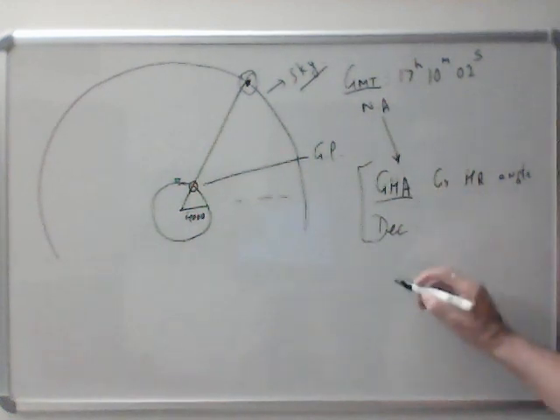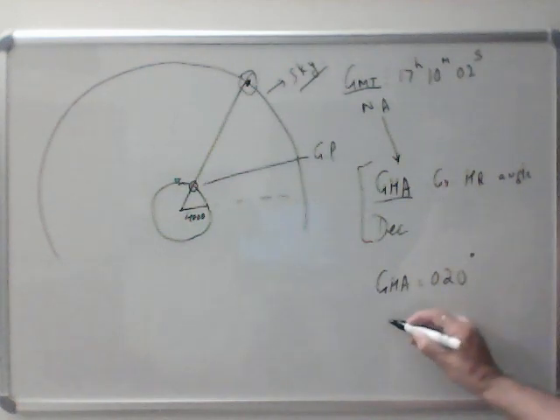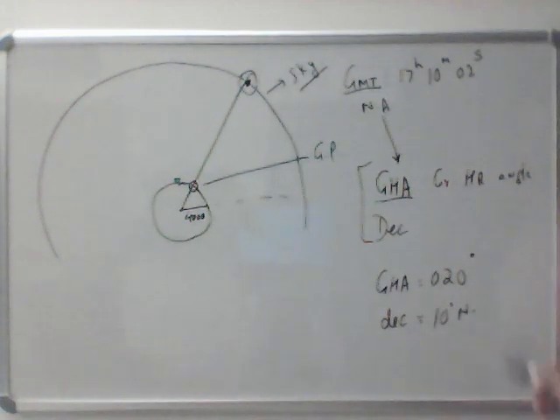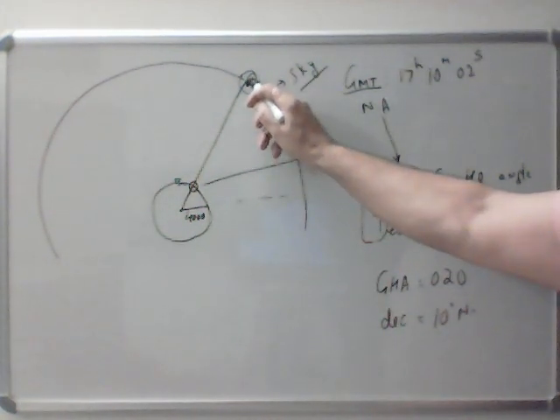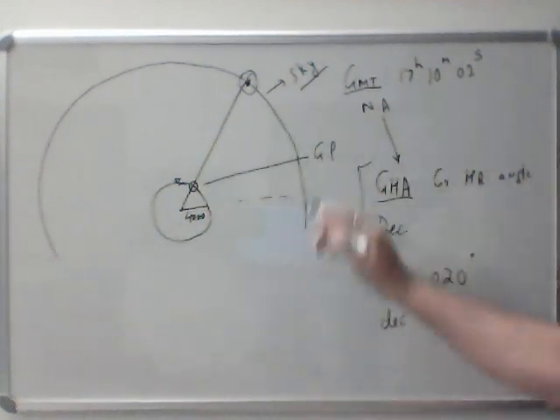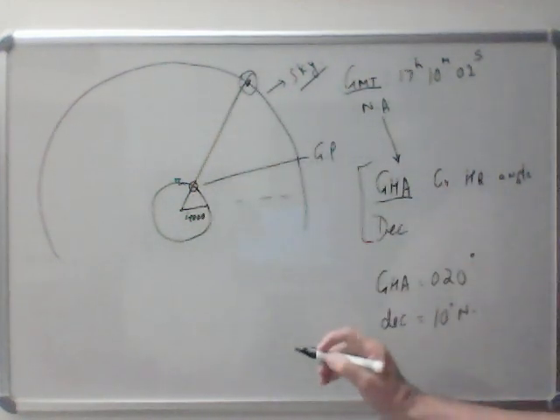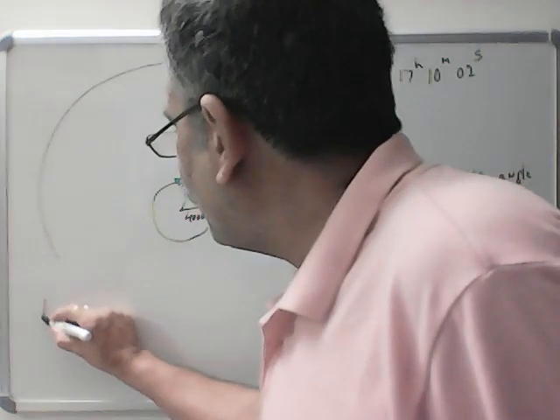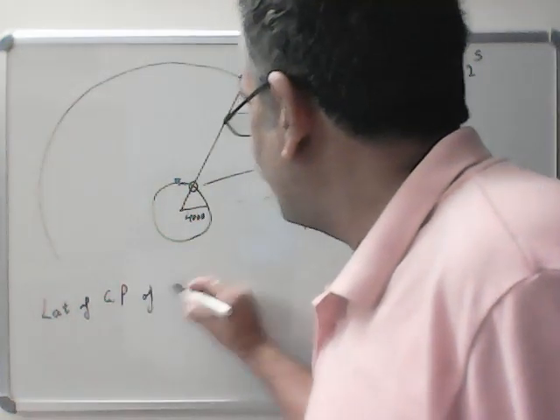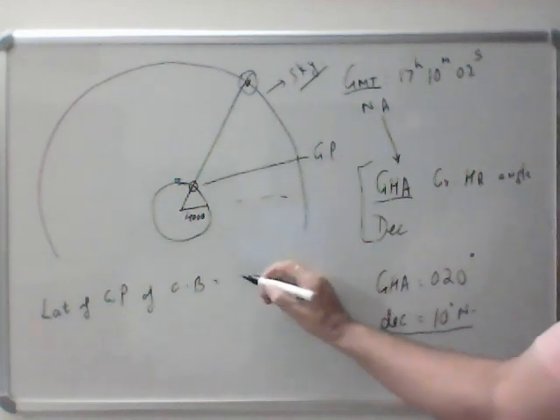So if the GHA, let's say, is 020 degrees and declination, let's say, is 10 degrees north, that means this is the position of the celestial body, and this is the GP. So that means the position of the celestial body with respect to Earth, or you can say the latitude of the GP of the celestial body, that is the declination, 10 degrees.